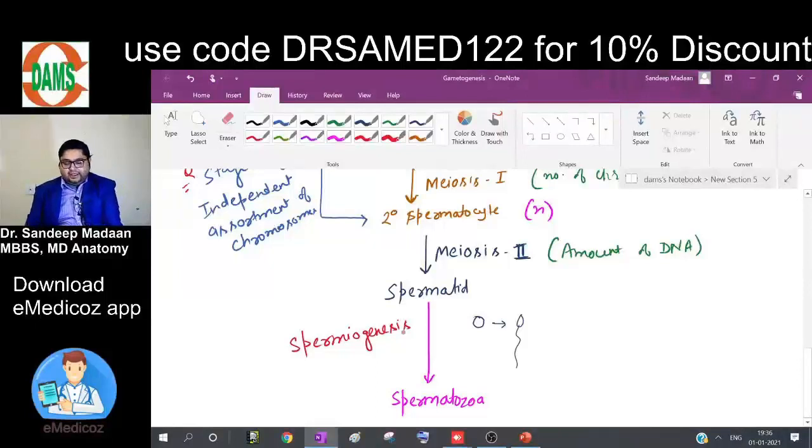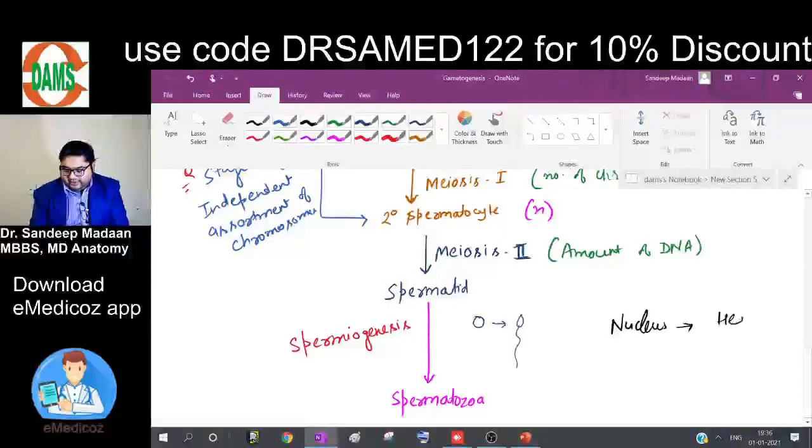All right. And what happens in this step? There is a change in shape, as we have understood. From the round cell it becomes the rocket-like shape of the spermatozoa. The second important change is the rearrangement of the cell organelles. The nucleus of the cell will become the head of the spermatozoa.